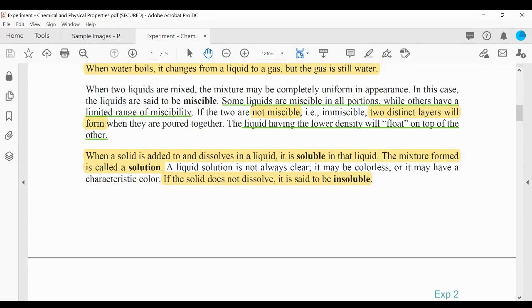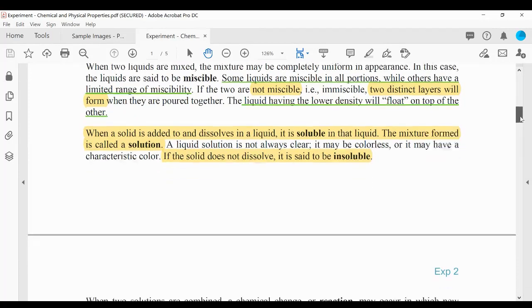For example, when you mix oil and water, they are not miscible. They are immiscible. That's why you see the line in between. They cannot mix.